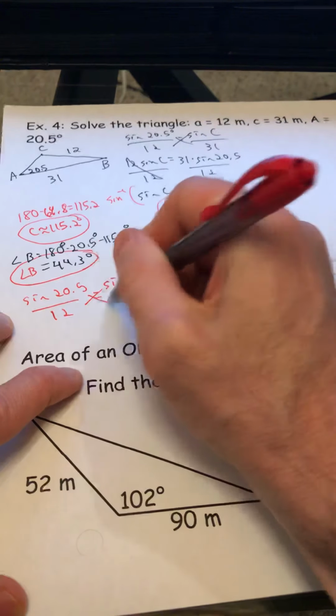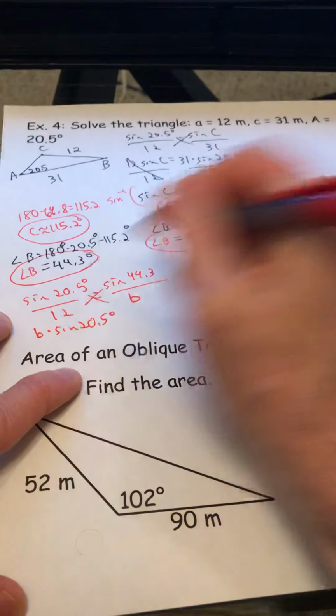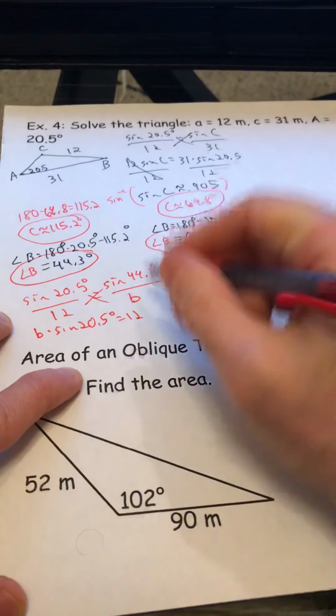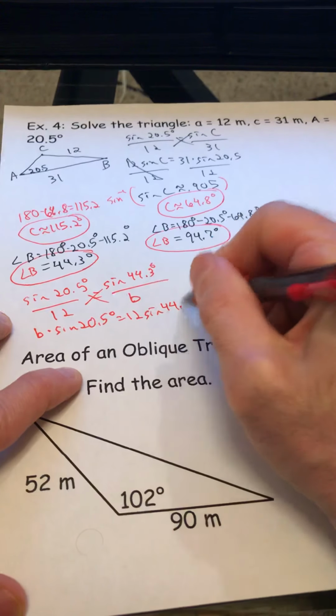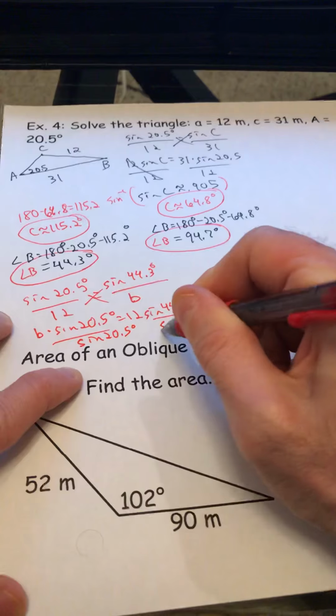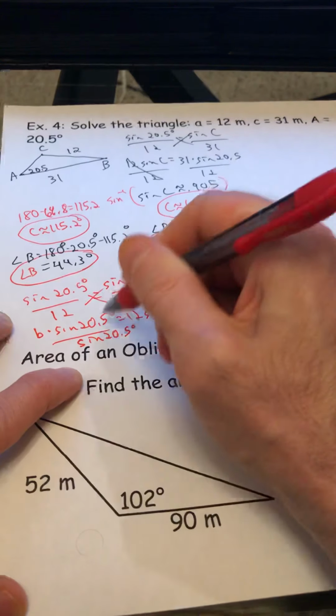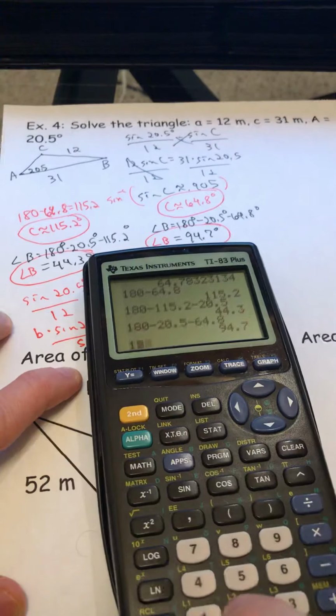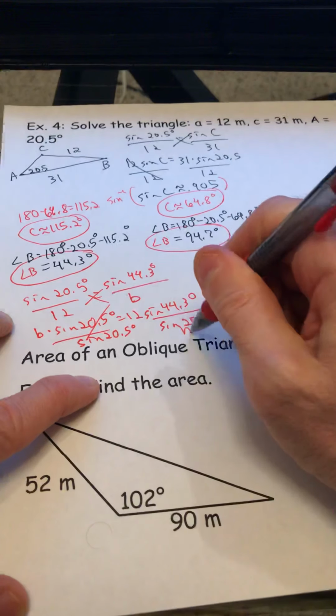So b times sine 20.5 equals 12 times sine 44.3, and then divide. So my first possible answer for side b is around 23.9.